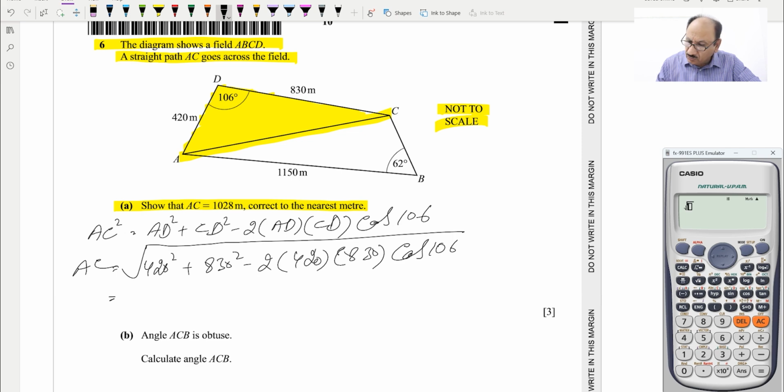Your calculator should be in degree mode.